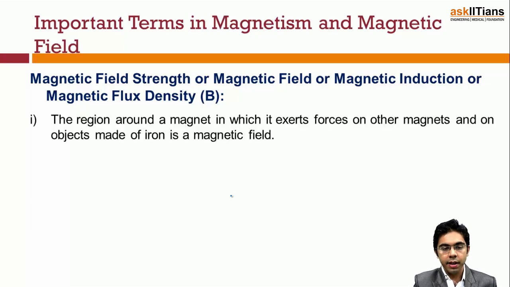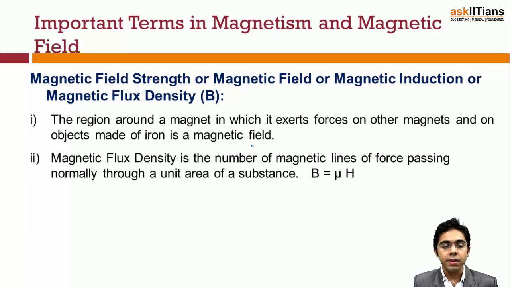So guys, please remember that it's not always going to be called magnetic field in the question. It can be magnetic induction or magnetic flux density. The region around a magnet in which it exerts force on other magnets and on objects made of iron is a magnetic field. It is a region where another magnet will experience its field.